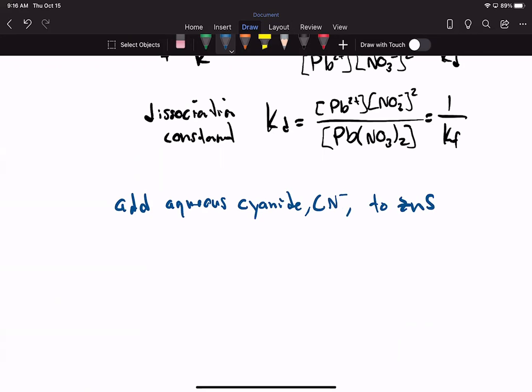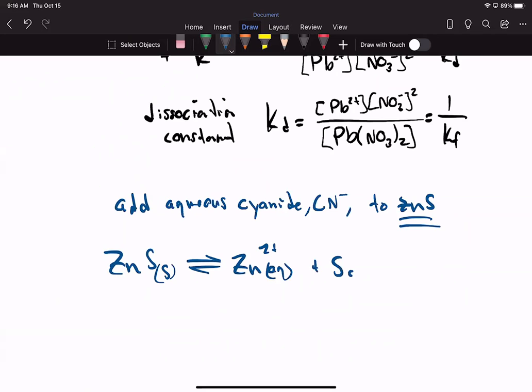All right, so let's work with this one first. We have some zinc sulfide solid, and we need to break that up into an aqueous solution, and we're going to have some zinc ions, plus we'll have some sulfide ions.